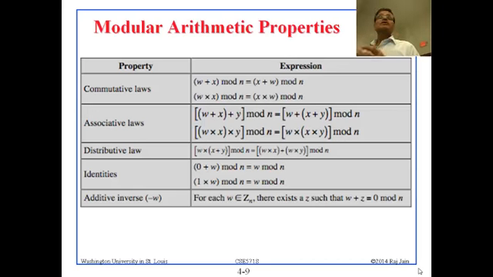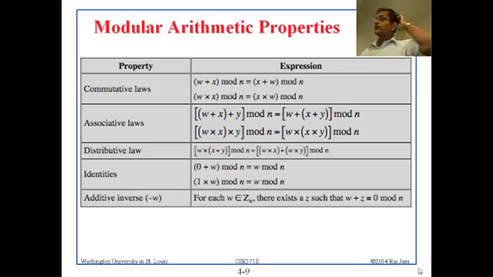But before I go to the special set of numbers and special operations, everybody should feel comfortable with these names, at least for multiplication and addition. So you should know what is an identity of addition, what is an identity of multiplication. What is an inverse of addition? What is an inverse of multiplication? What is commutative? What is associative?